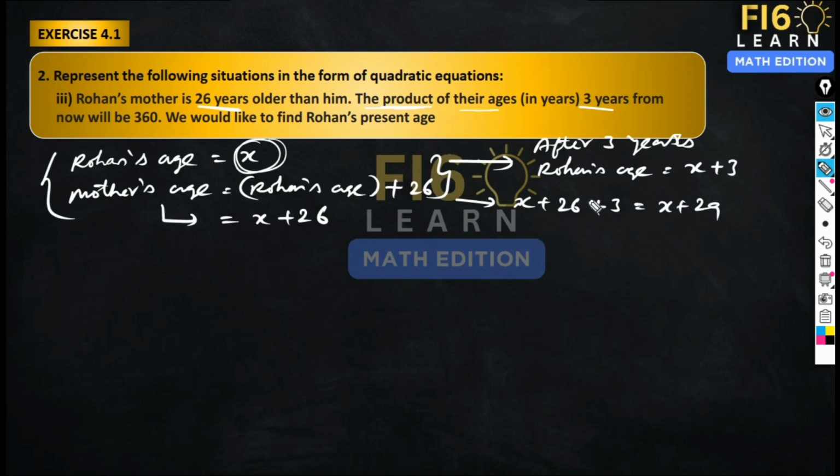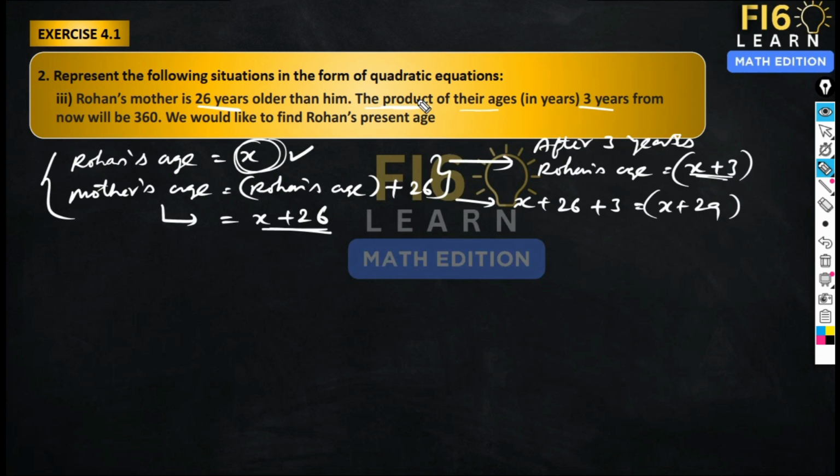Initially we have taken Rohan's age as x and his mother's age as x plus 26. After 3 years 3 will be added to their ages, so Rohan's age is x plus 3, and already we have x plus 26 for his mother's age, so it will become x plus 29. Now these two indicate the ages of Rohan and his mother after 3 years.